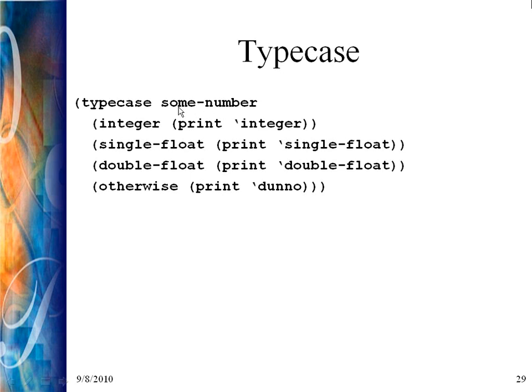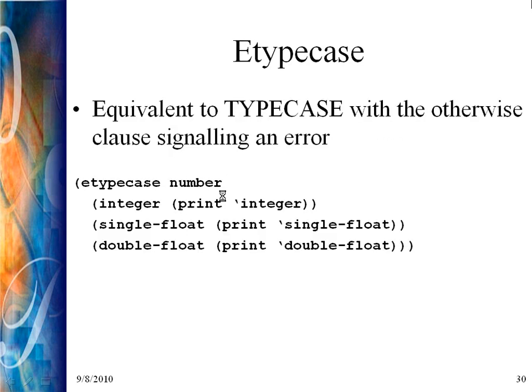Again, it evaluates some variable or some form, and then if that value is an integer, you do this, a single float, you do that, a double float, you do that, and something else, you print dunno. Etypecase, again, will signal an error if it falls through. Again, this is more for developing code than for production code.